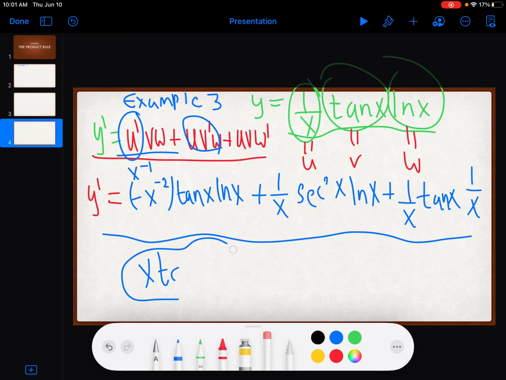But as you can see, these other skills are very important, because the product rule and the quotient rule are both used a lot. They require the use of other rules within them. So as you see, we use the product rule here, right? But within the product rule, we had to use the power rule. We had to take the derivative of our trigonometric functions and our logarithmic functions. So you're using rules within rules, kind of.